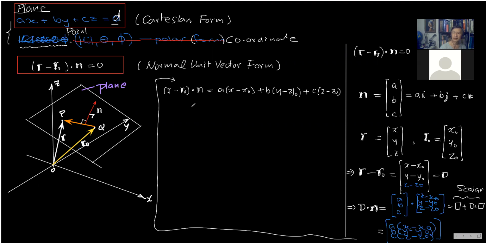And according to the definition of this plane, this product must equal 0. Can we set it to 0? Then that would be our new equation. That would be our plane equation.